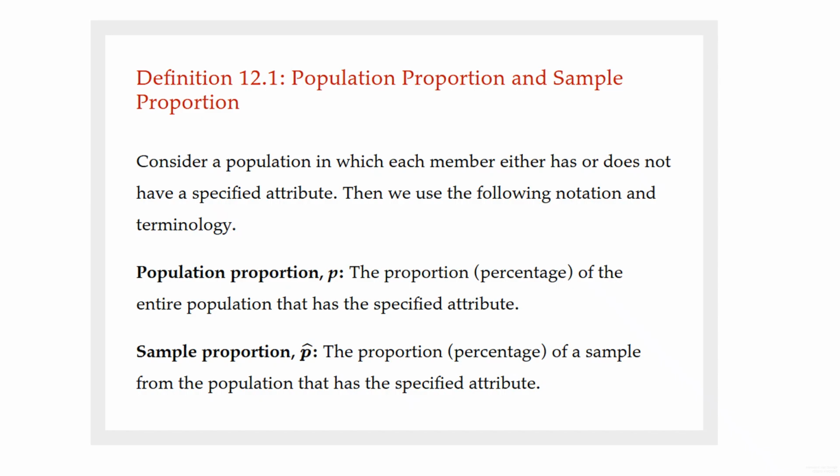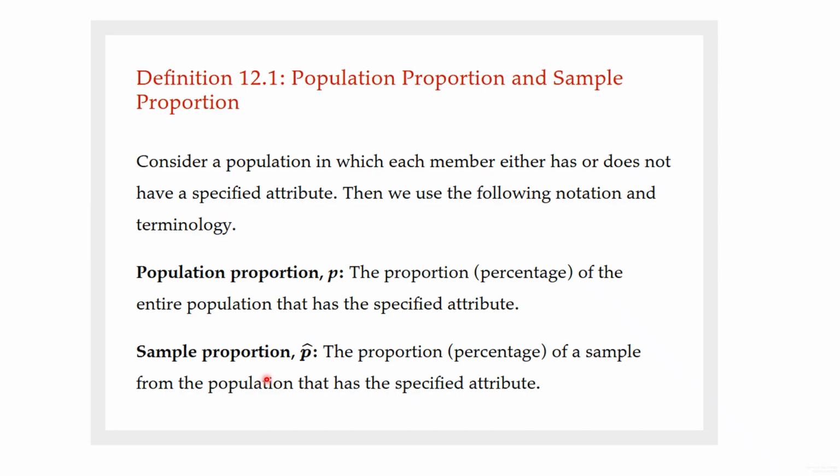Consider a population in which each member either has or does not have some specified attribute. Then we'll use the following notation and terminology. The population proportion, P, is the proportion or percentage of the entire population that has the specified attribute.